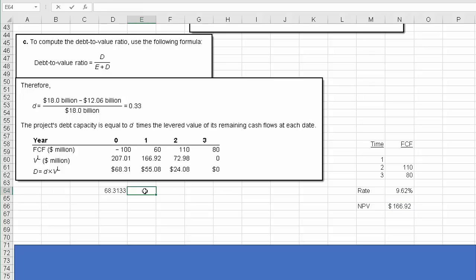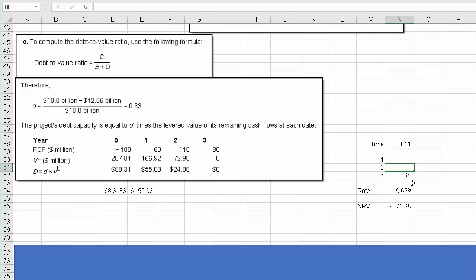Now we could do that over here, times 0.33, and we're going to get the 55.08. Okay, now actually I probably want to change this to 166.92 because I'm going to change the formula. Okay, and to do the third one, we eliminate the second cash flow, so we've got the present value of 80 to be received 3 periods from now.